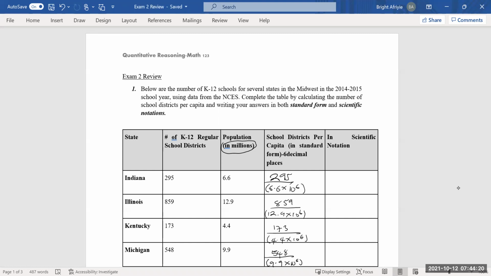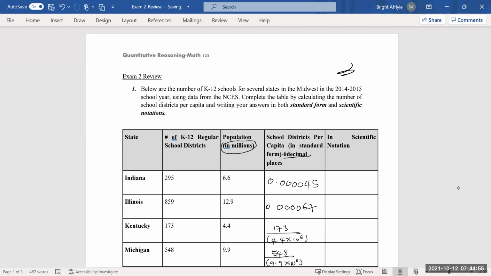Is that okay? So when you compute that for Indiana, you notice that this is, due to the 6 decimal places, going to give you 0.000045. Now when you compute this for Illinois, this will give you 0.00006 something, with 6 places.